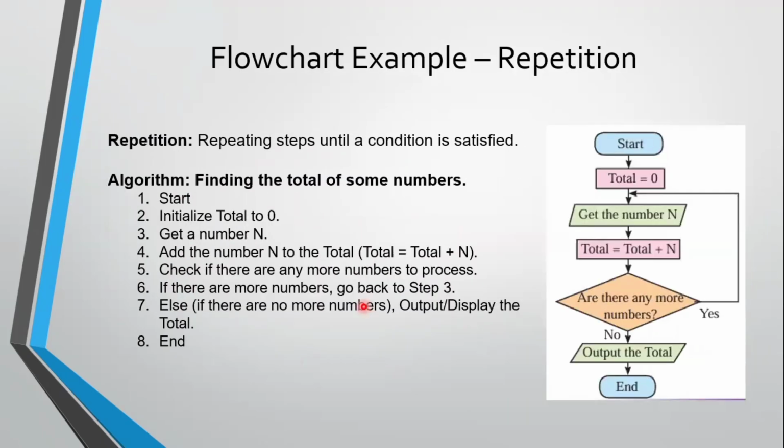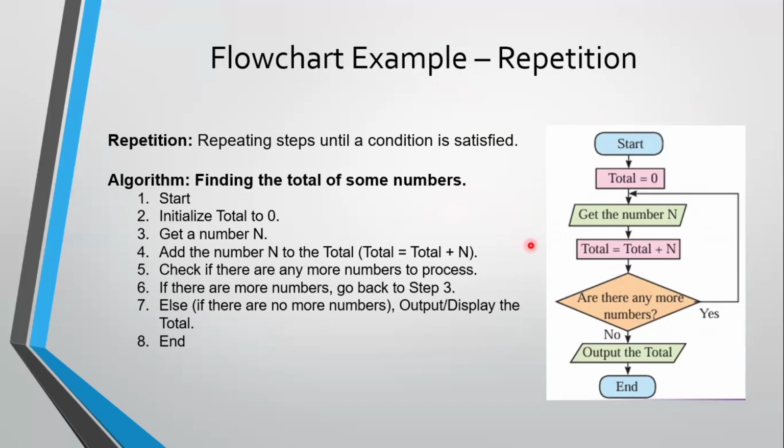Here, the third structure is repetition. This is a loop. Until the condition becomes true, we have to go back again and again. This is called repetition. Imagine adding up a long list of numbers.